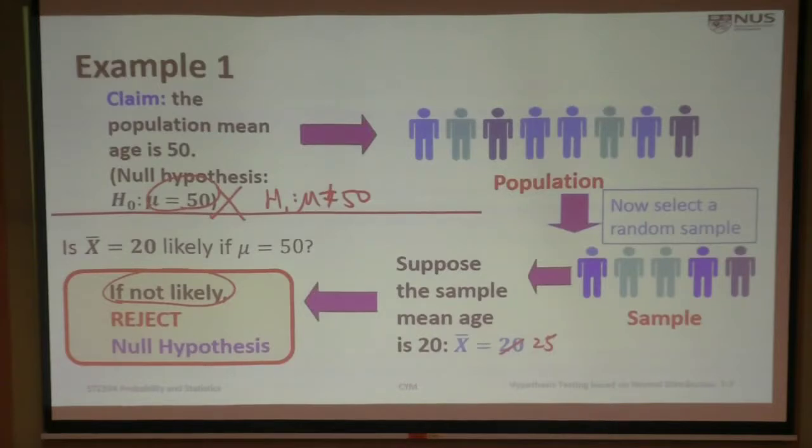Here I also want to emphasize, just now my example is the NUS student population. So use of common sense: the general university student majority are maybe teenagers or just early 20s, so the average age cannot be 50. This is correct, but not from a statistical point of view.